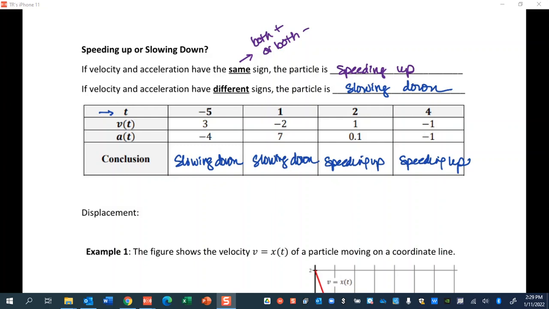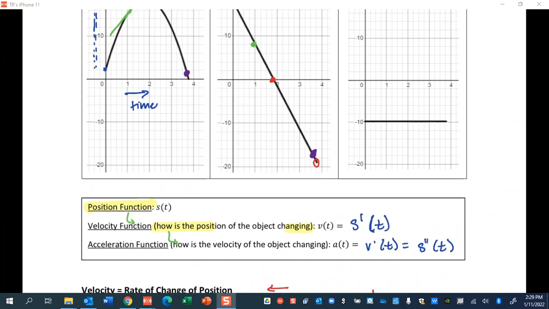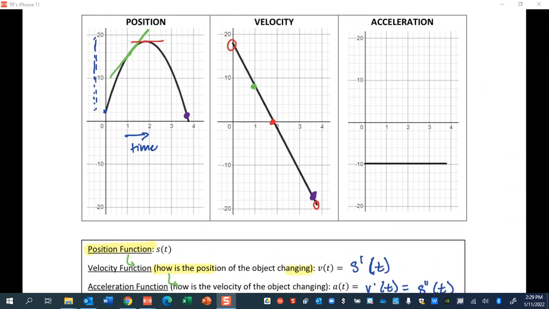And that makes sense to us when we look here, because if we talk about our ball, our acceleration here is negative. So think about the ball going up in the air. Think about the frog. When I push him up, think about what's happening as the frog is rising and going up here.